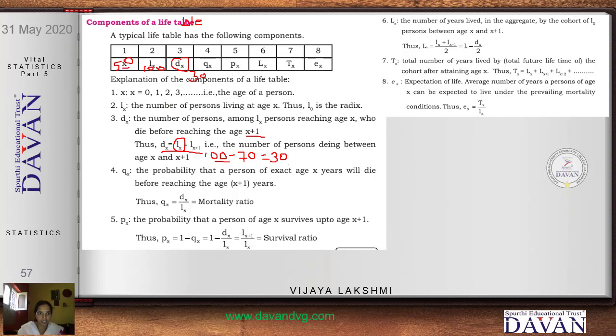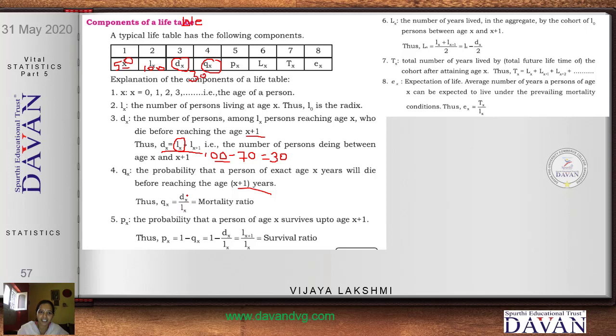Okay. Now this qx is giving the probability of the deaths that have happened at the age of x and before reaching the age x plus 1 year. That is, it is a probability of the deaths that have happened for the people who have reached the age 50 but before reaching the age 51. So this is given with the formula qx is equal to dx divided by lx.